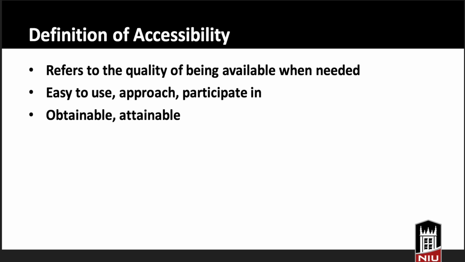Obtainable was all about availability to use, letting your students get a hold of it. Attainable had more to do with their achievement. So if you have any goal for your students or their success in your course, you want to make sure that everything is attainable to them.